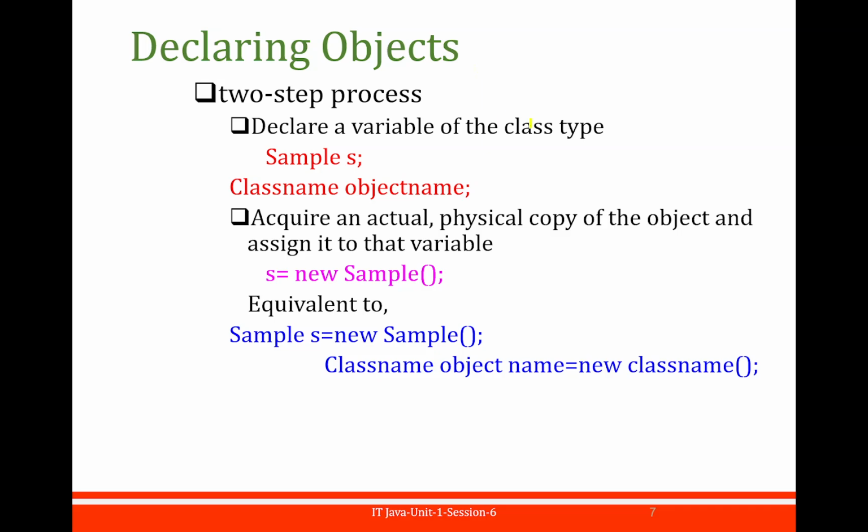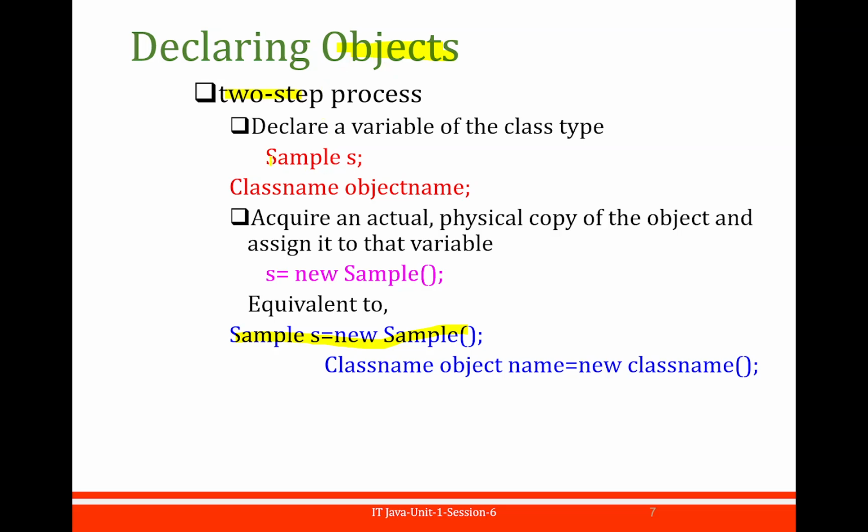Next is object. Already we saw an object is an instance of a class. Object exists in reality. To create an object, it is either a two-step process, or we can give it in a single line and make it a single-step process. But internally it is actually two steps.